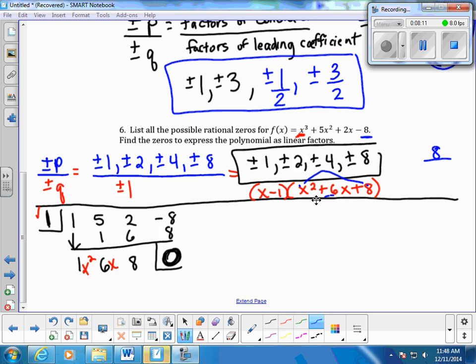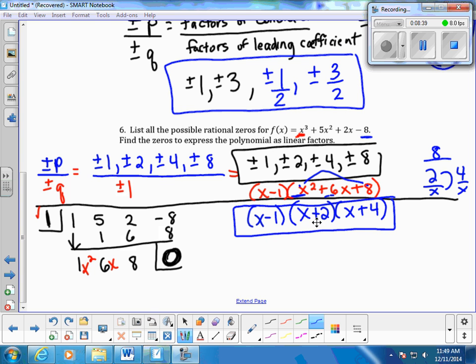Adds to give us a 6? So 2 times 4. And then 2 plus 4 is 6, so this works. The coefficient is a 1x. So then right from the bottom up, this becomes x plus 2, x plus 4, and we drop the first. These are all the possible factors.